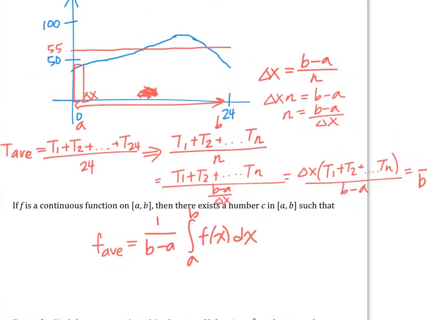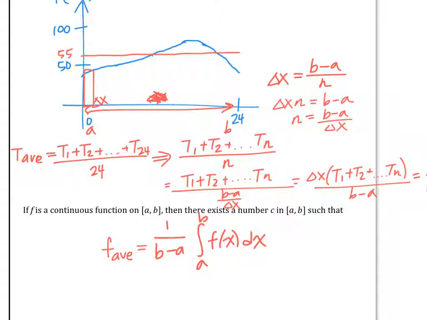Okay, now let me ask you another question. 55 is about the average of this function, right? So let's look at the area under this curve. The area under this curve is like this big. Is there another place where, if I draw a straight line through and multiply by the same width and the height of wherever I choose, it will equal the same area as the area under the curve?